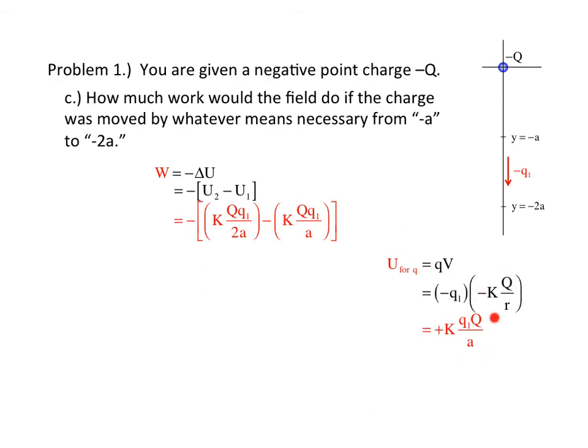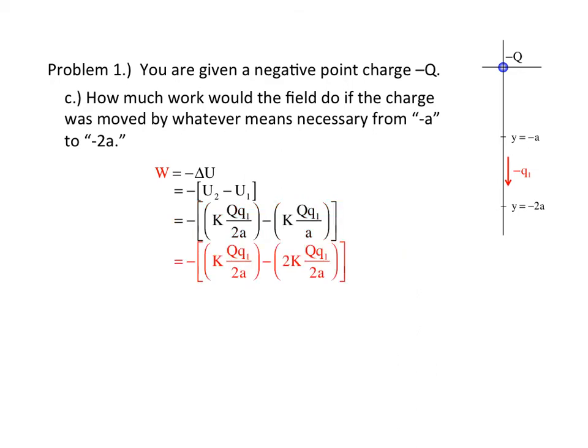So this final expression is assuming that Q and Q1 are positive values, and that's what should go in here. To solve this, we need a common denominator. So we'd like to have 2A in the denominator. To do that, we're going to multiply the top and the bottom by 2. And doing the math yields plus K Q1 Q over 2A.